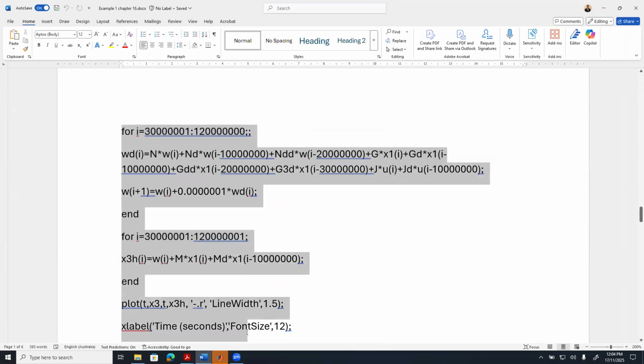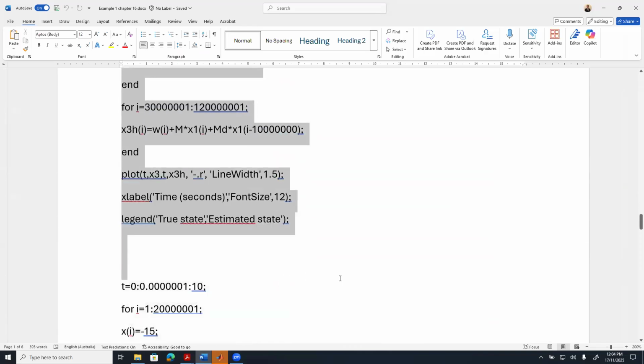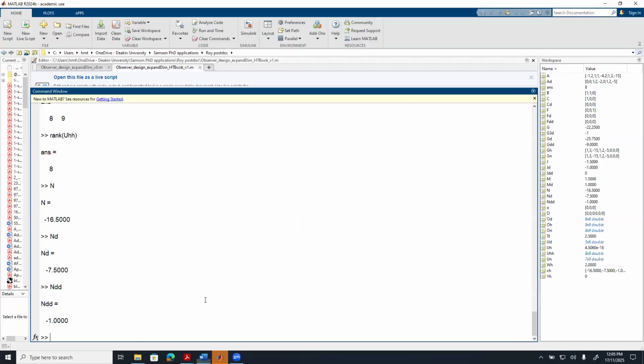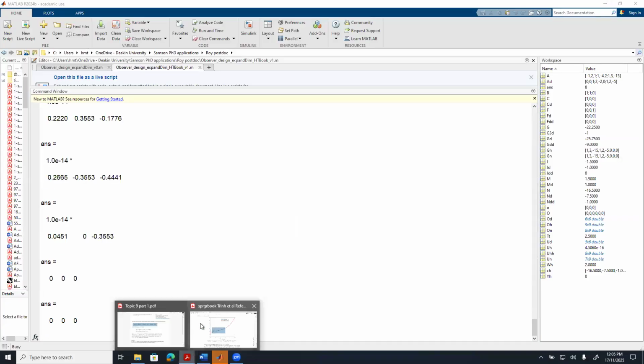It might take a little bit of time to do it. So this is where we estimate X3 and X3 hat. Let it run there, and then we go back to here.